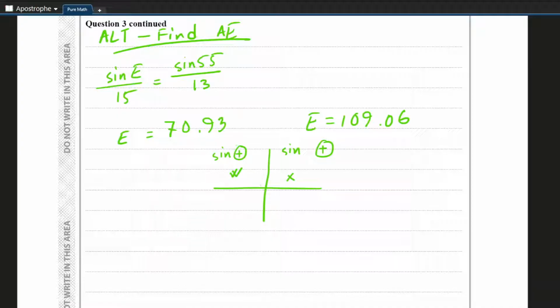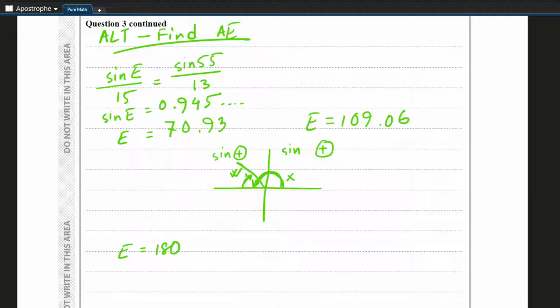So in this one we are getting sine E is equal to 0.945 and change. Since it's here, we have to go there and then come back. So that means E is equal to 180.